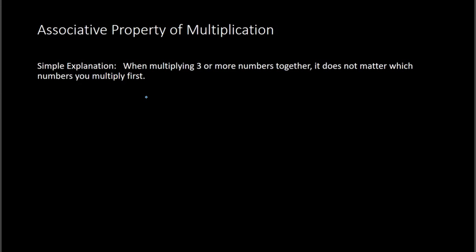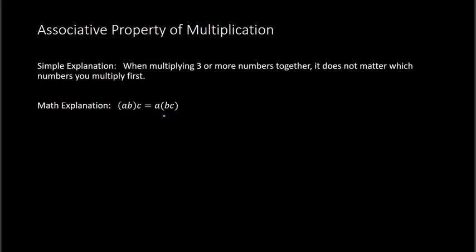The associative property says that when I multiply 3 or more numbers together, it does not matter which numbers you multiply first. In math notation, this can be expressed as you see here, where we have ab in parentheses, we multiply that first, and then multiply c. That is the same thing as multiplying b times c first, and then multiplying it by a.